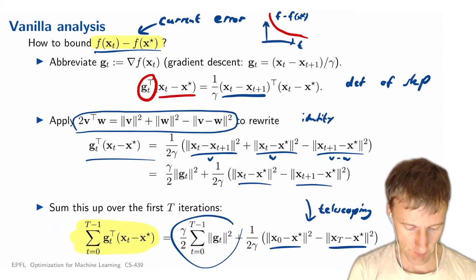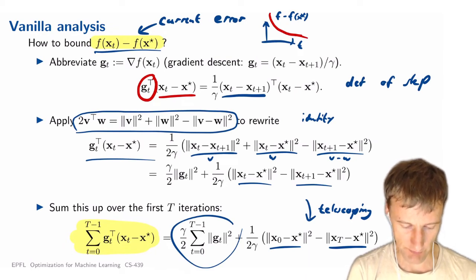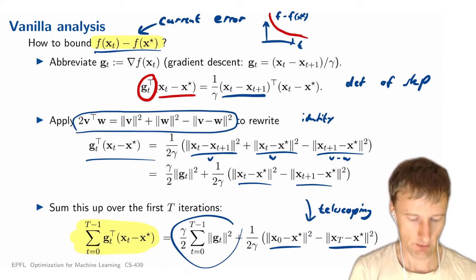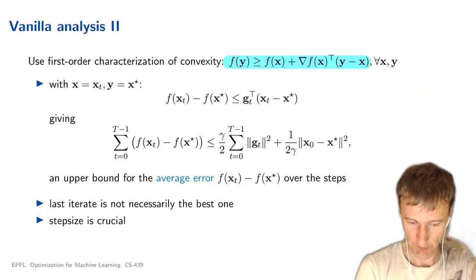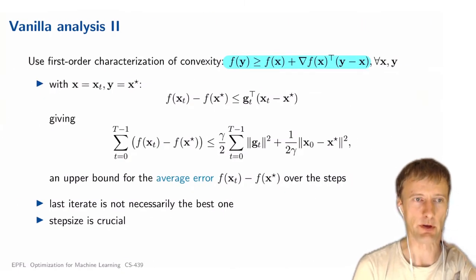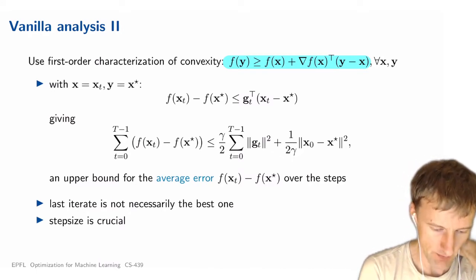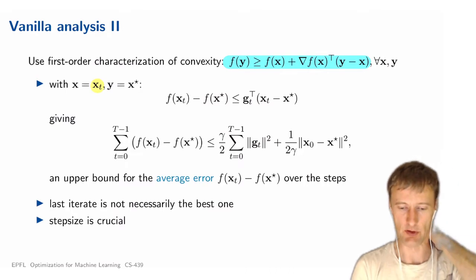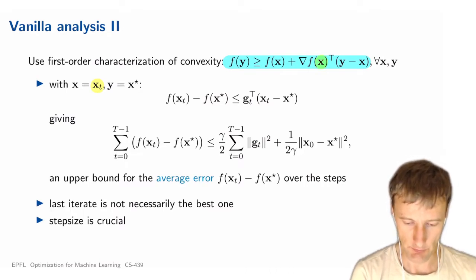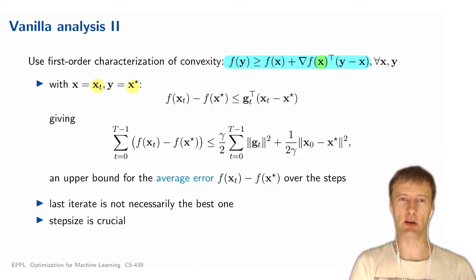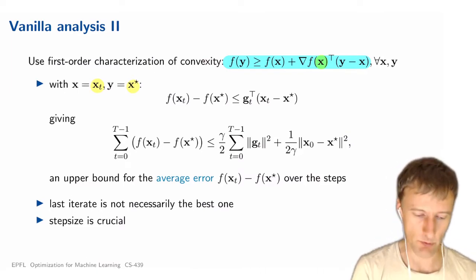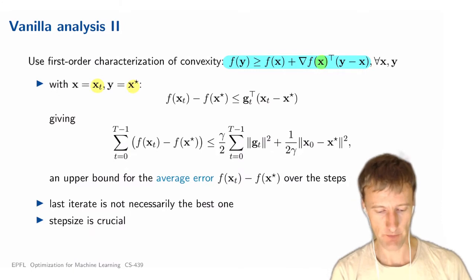For us, we have these terms xt and the optimum. So those are the two points for which we want to use this convexity. We use xt as one point, the point at which we take the gradient here. And then we use as y the optimum. That's the unknown point where we would like to know how big our function value is.